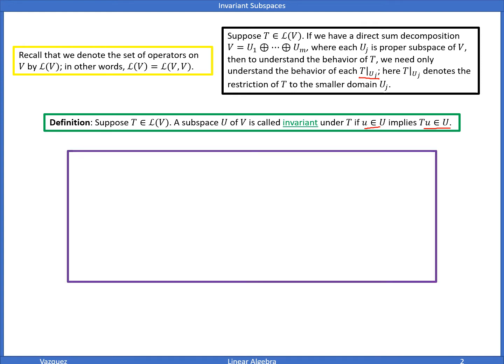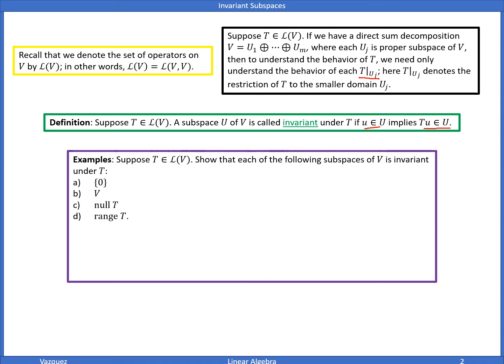So let's take a look at some examples. Suppose T is an operator. We need to show that the following subspaces of V are invariant under T. Again, we're just going to pretty much apply the definition with these examples.